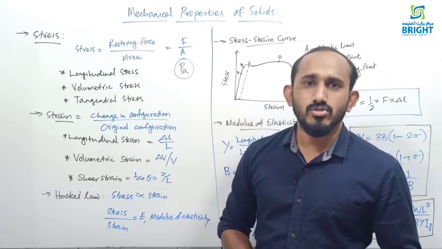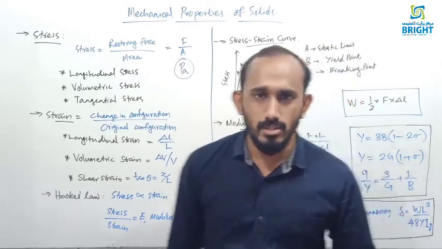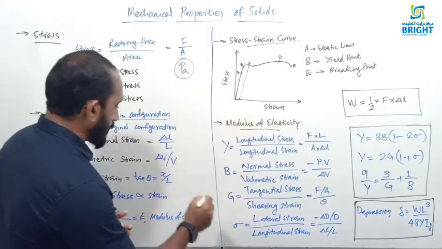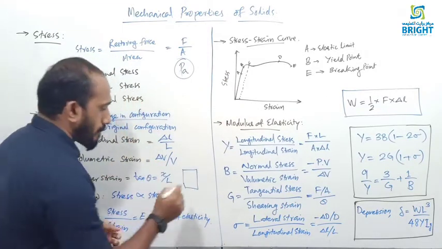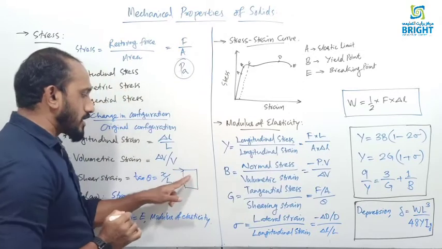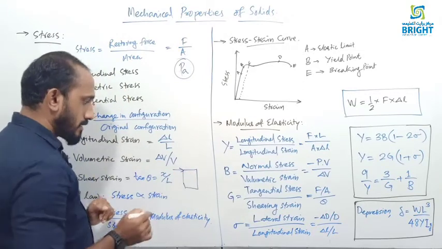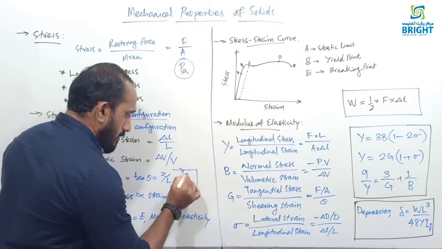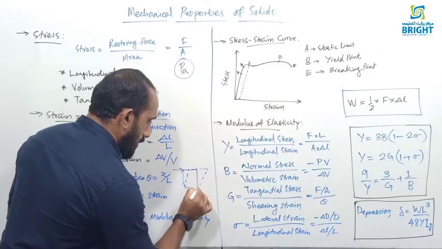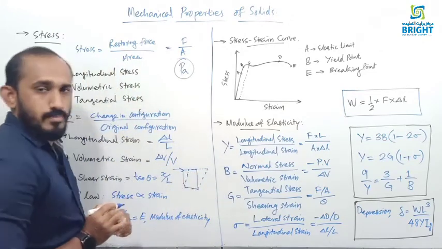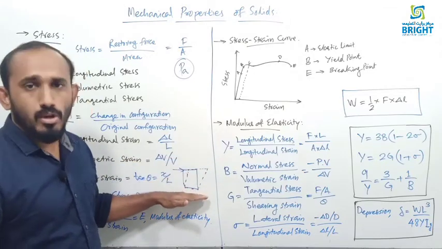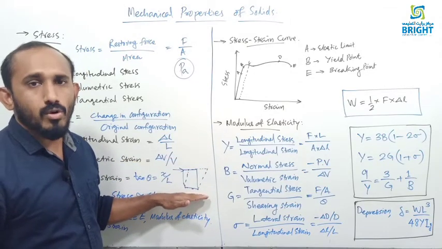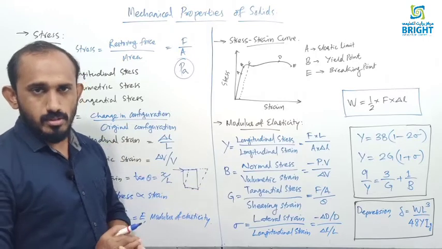If your aim is to change the shape of a body, suppose a cuboid is there. You apply force tangential to the surface so that there's a shape change like this. Only the upper surface is displaced with respect to the lower surface. We call that a shear is produced.